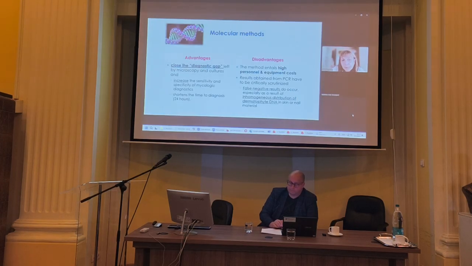So, with molecular methods, we have some advantages. This method closes the diagnostic gap left by microscopy and culture, increases the sensitivity and specificity of mycologic diagnostics, and shortens the time to diagnosis. But we also have disadvantages. The method entails high personnel and equipment costs.